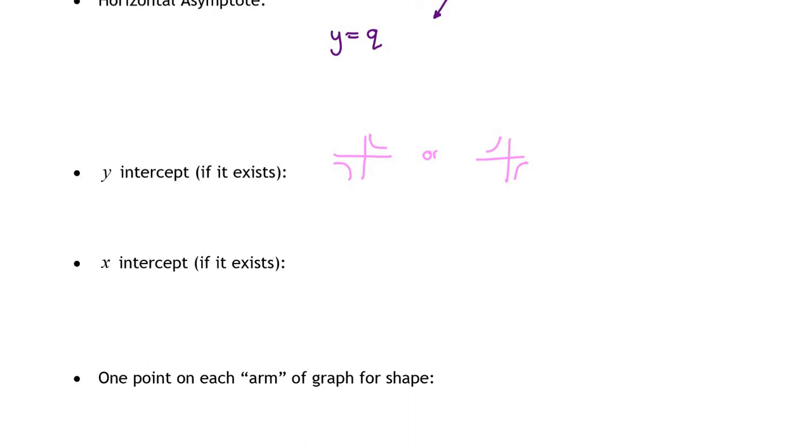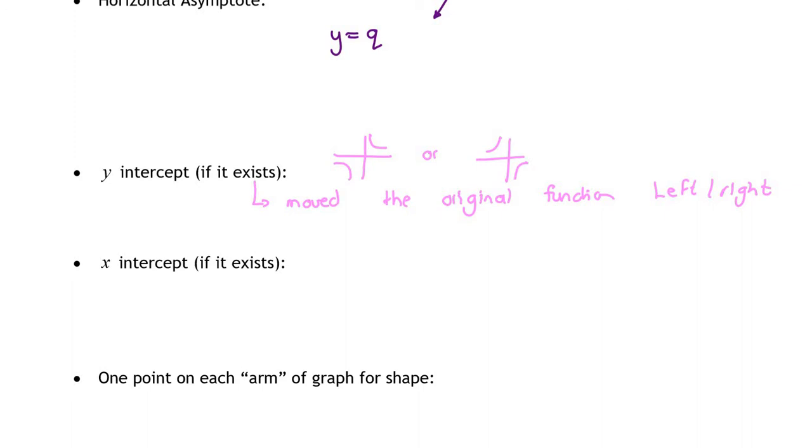So what would you have to have in order for a y-intercept to exist? You have to have moved the original function left or right. If you move the original function left or right, then the graph will end up cutting the y-axis.